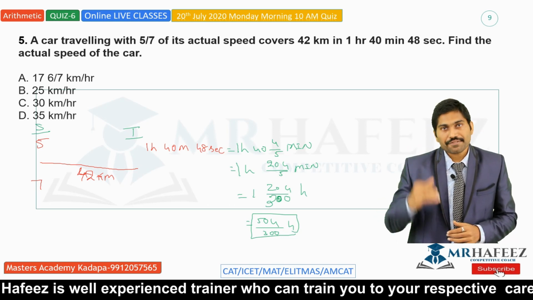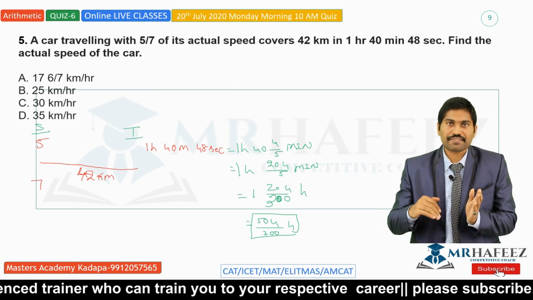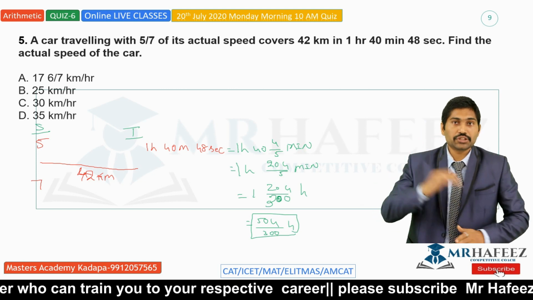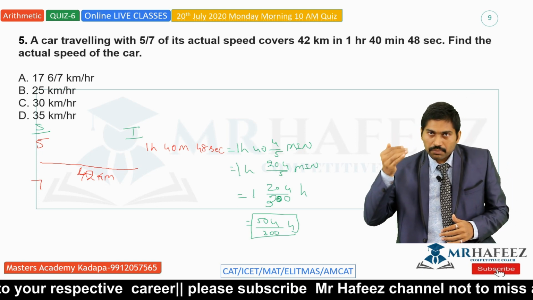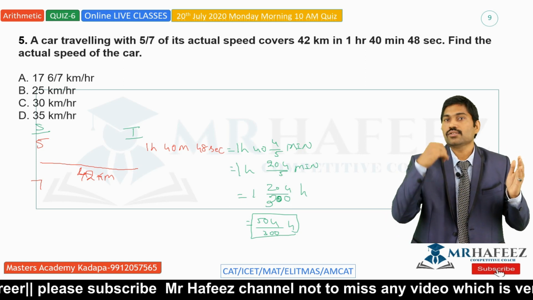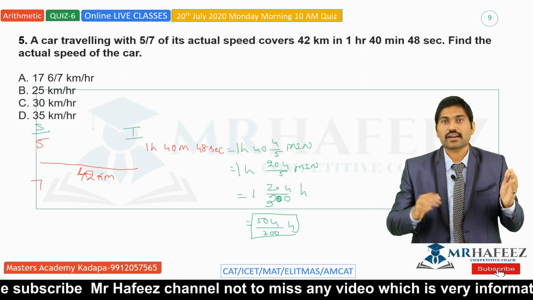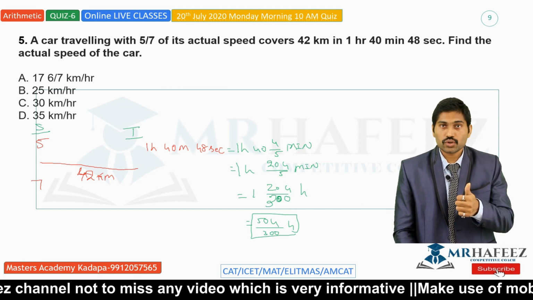So 40 and 4/5 is 204 by 5 in minutes. To convert into hours, divide by 60. So 204 divided by 300 in hours. So now the time is known to us.